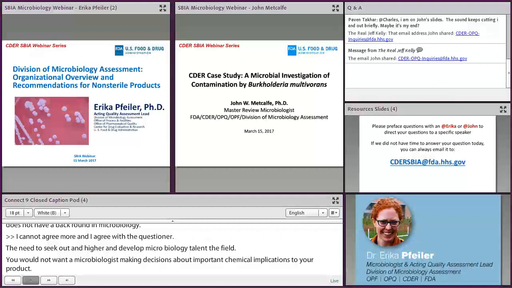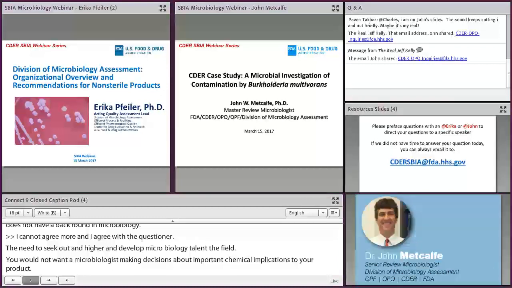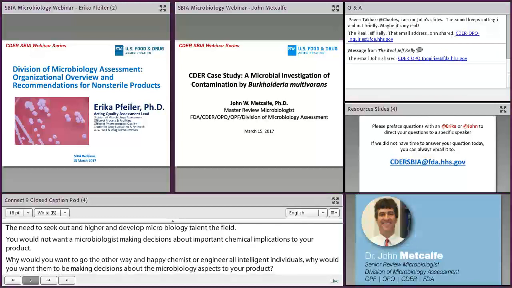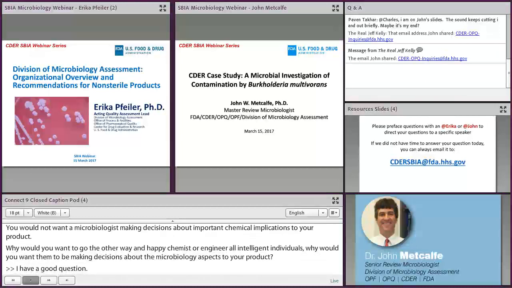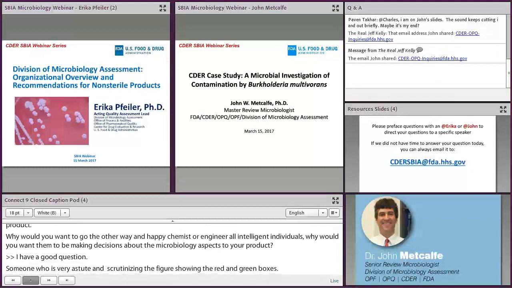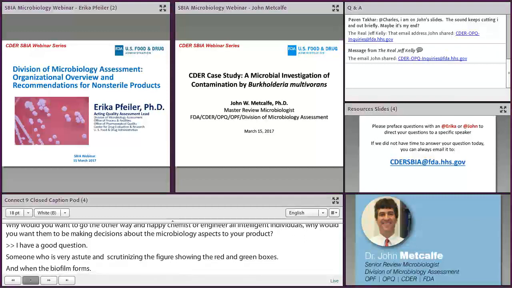I have a really good question here that came from someone who was very astute and scrutinizing about that figure that showed the red and the green boxes and when the biofilm was forming. The questioner asks, if a biofilm was responsible for the contamination, how was a batch manufactured in between two contaminated batches that did not have a contamination issue?